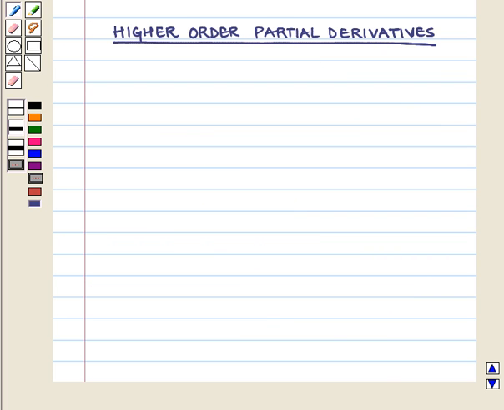Now let us discuss higher order partial derivatives. Let z be equal to f of xy, where f is differentiable function.